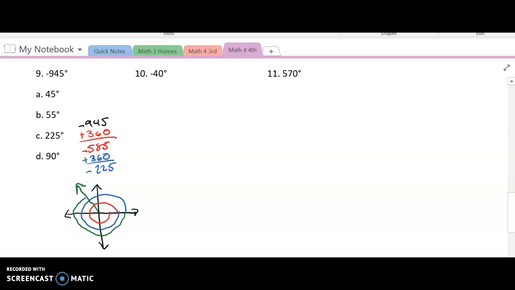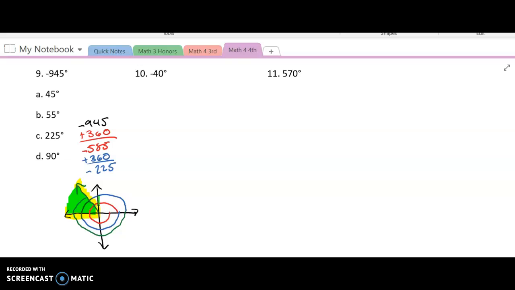So our reference angle, if you remember, is the distance from the terminal side, meaning this side, to the nearest x-axis, which is here. So it's like we're finding this distance between that side and the x-axis.